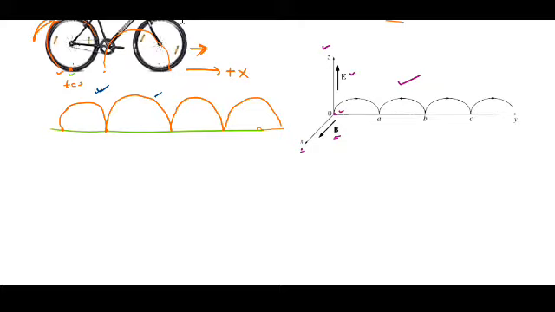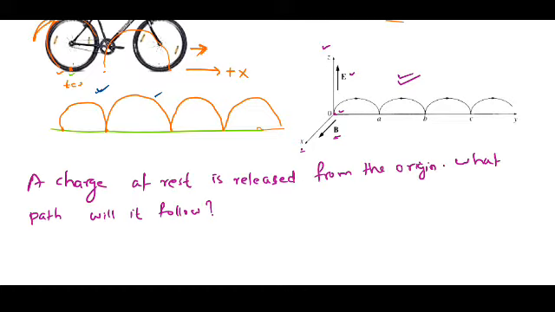The answer is that it will follow this path, but how this path is achieved by this particle, we will discuss here. The question is this one. In a transverse electric and magnetic field, a charge at rest is released from the origin, then what path will it follow?